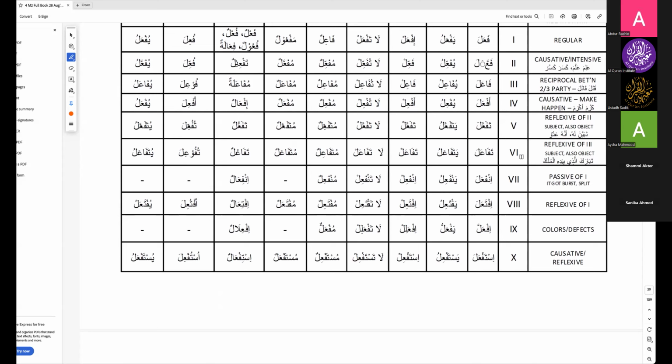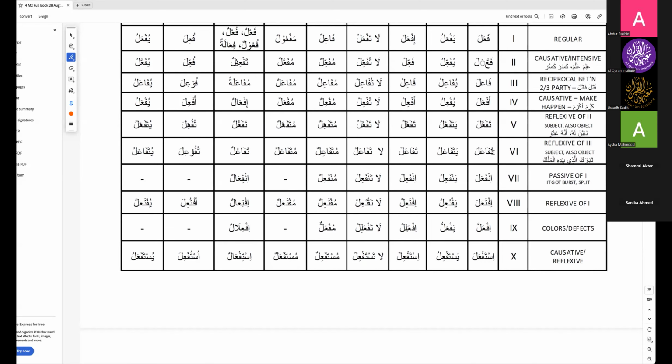Now, form 6, again, is also reflexive of verb 3, which is here, fa'ala. Okay? If you look at these, tafa'ala, ta is added, everything else remains the same.